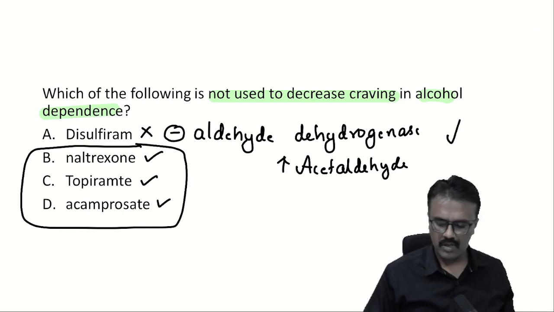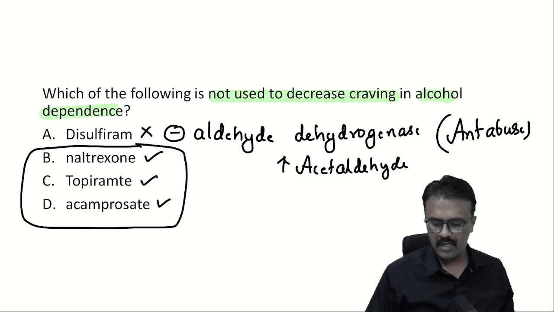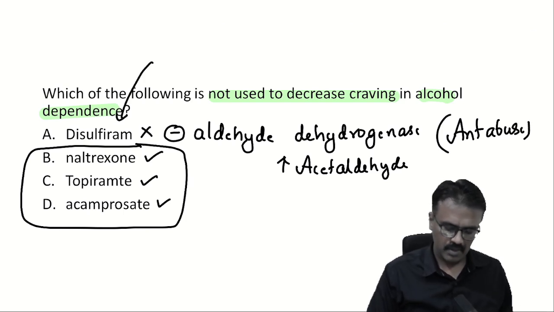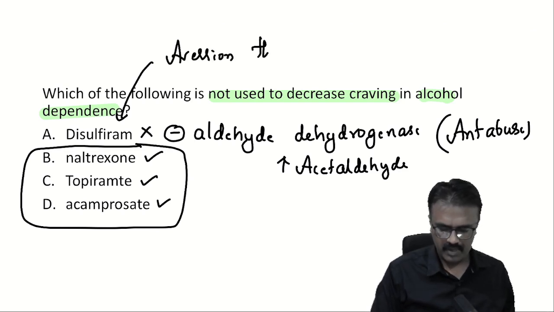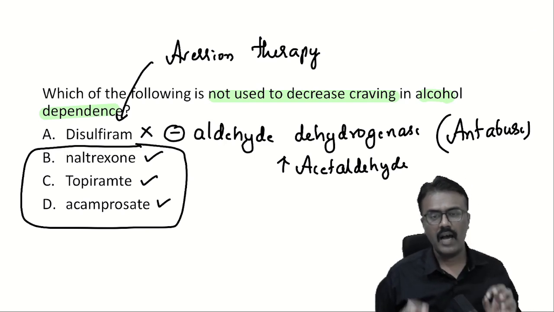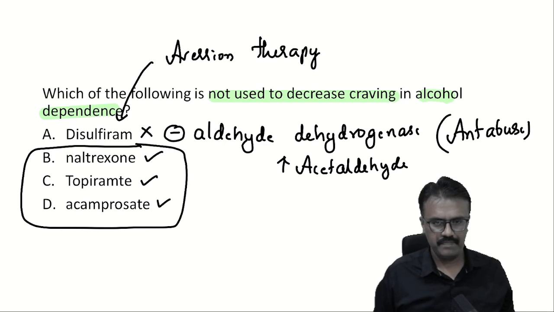That's why it is also called antabuse. So it is used for aversion treatment of alcohol dependence. And please understand, disulfiram should be given to highly motivated individuals.